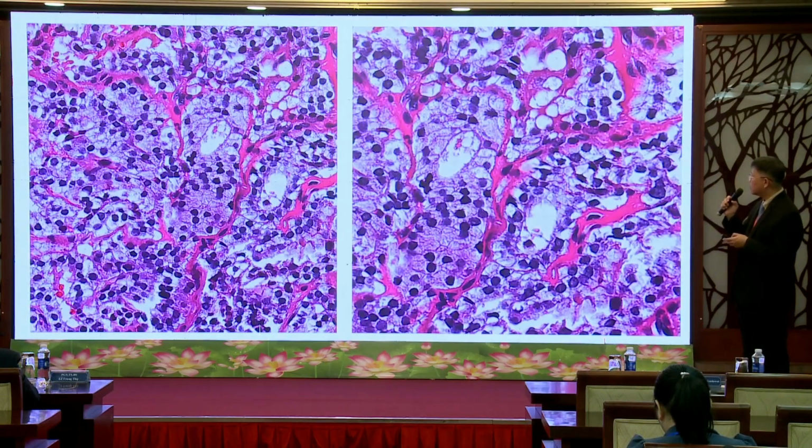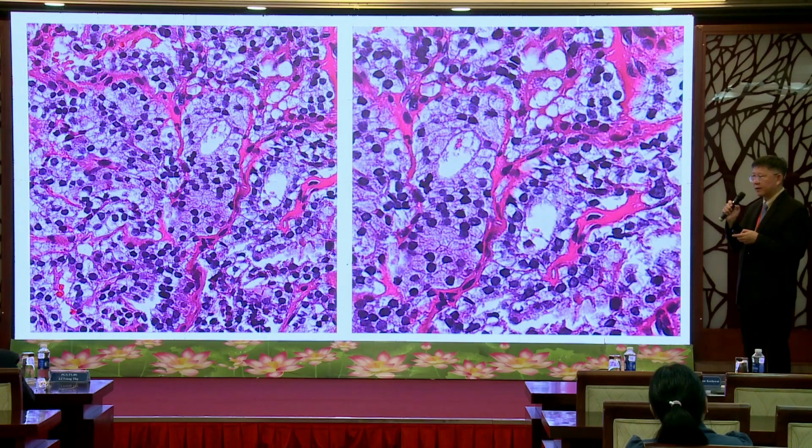So when you look closely, this tumor has a little bit of granular cell differentiation, but it is also an unusual morphology that you cannot match with any specific type of ethmoid sinus tumor.